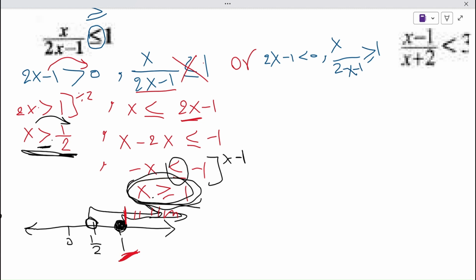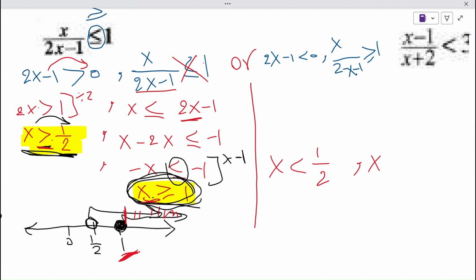Guys, for the other side, you don't need to solve all of them. Just look at here. Just write our solution, which we found here, with opposite signs. Let me write it. This is x less than 1 over 2, then comma. Here again we have x less than or equal to 1.